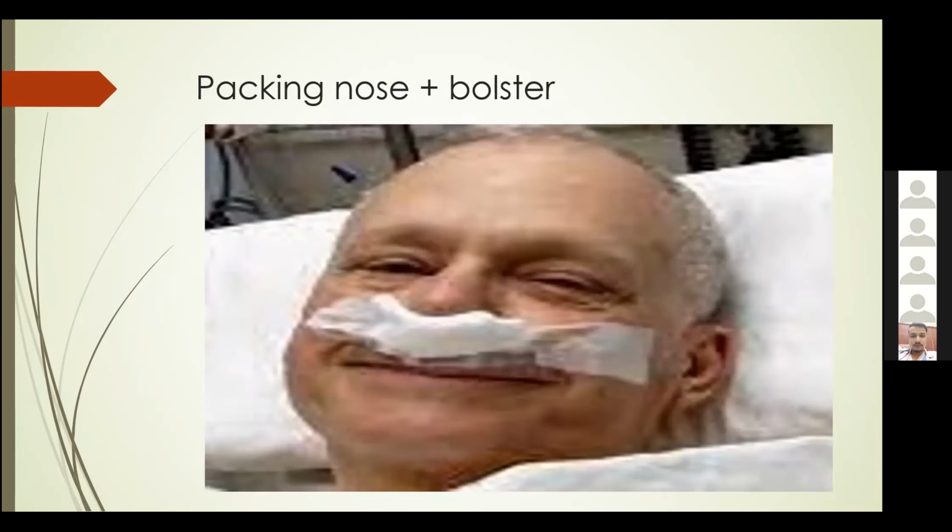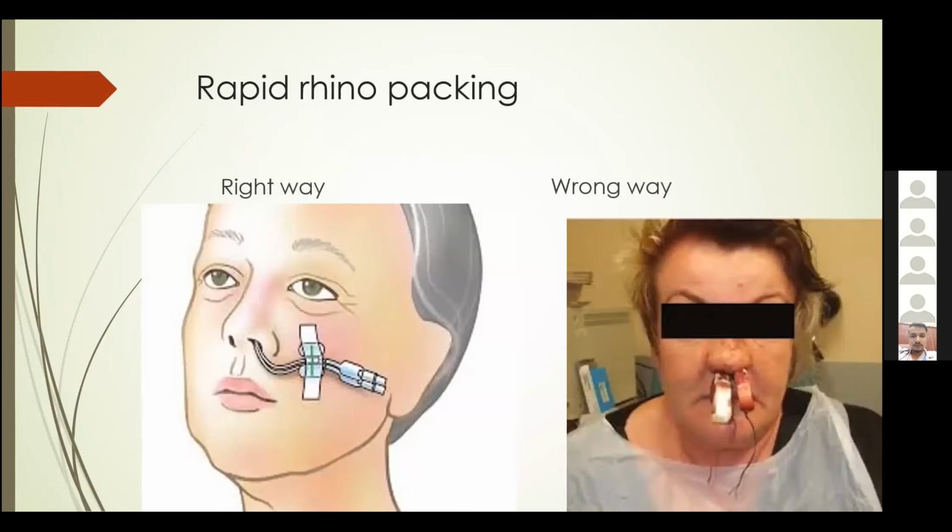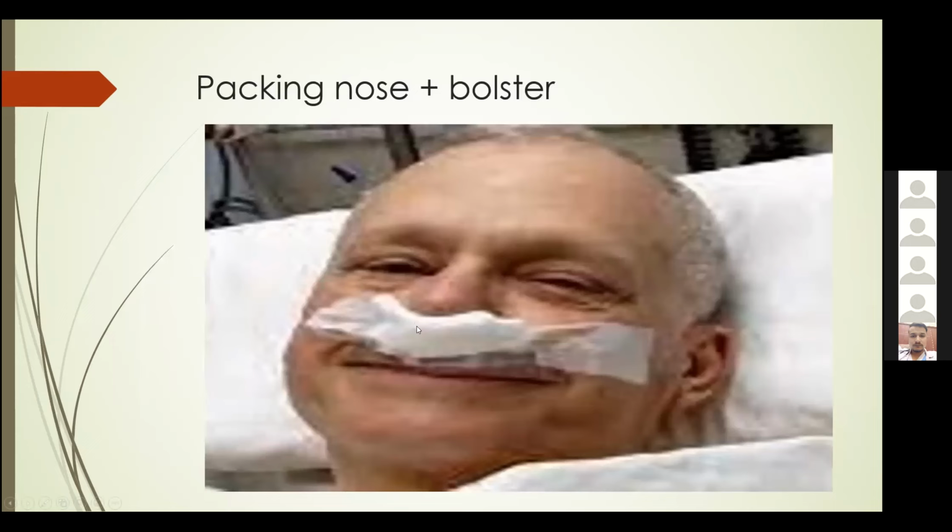Now, when I was in Scotland, there used to be something we call a bolster. When you've packed your nose like on the left side here, if you put a bolster that comes here, that will be even more ideal. Now, this is not a neat bolster, but it should come like this.